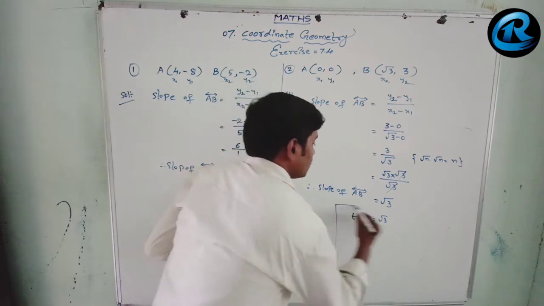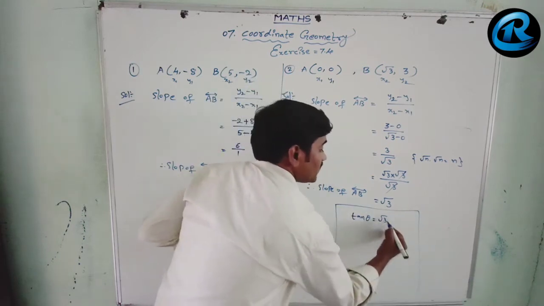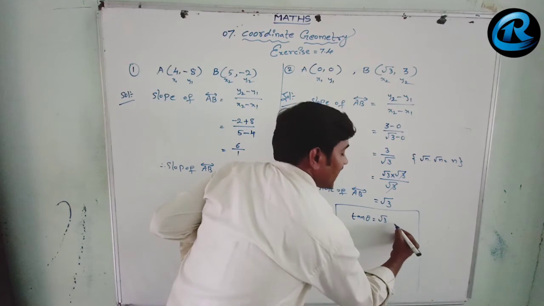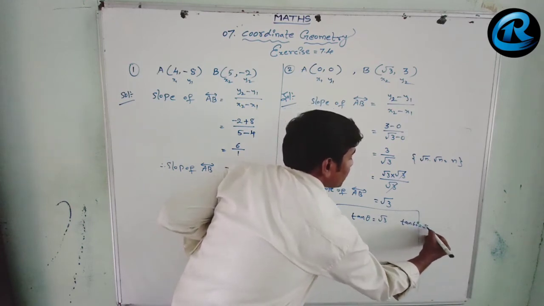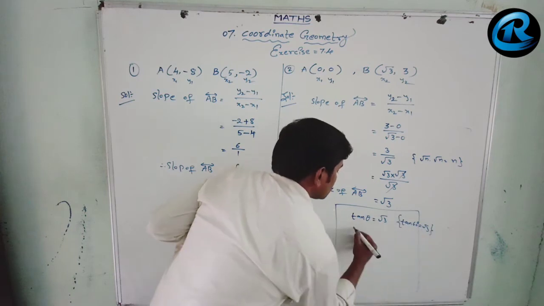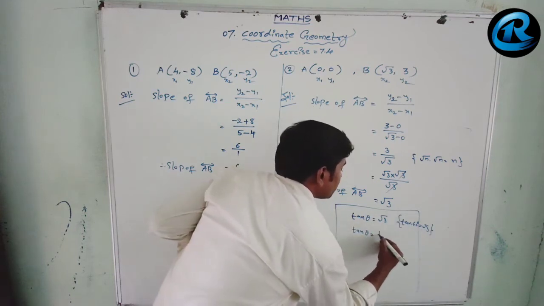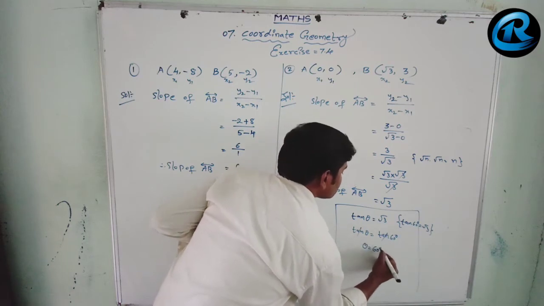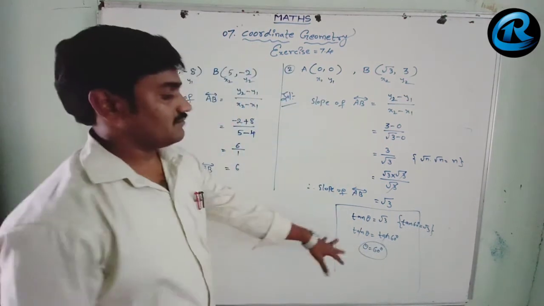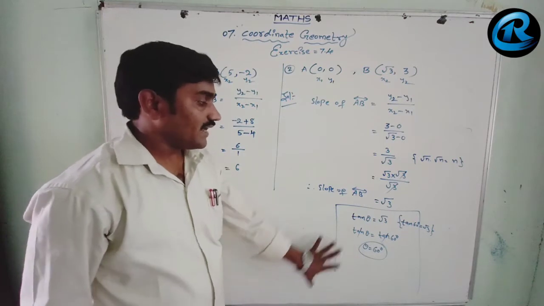Suppose the angle is theta. So this root 3 is nothing but tan 60 degrees, since tan 60 degrees is root 3. So tan theta equals tan 60 degrees. Theta equals 60 degrees. Simple.